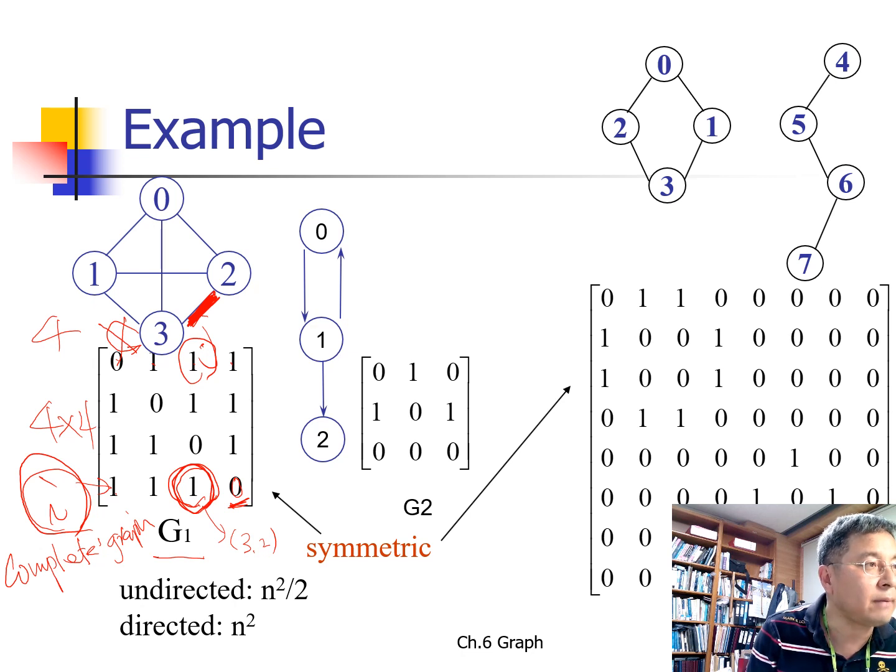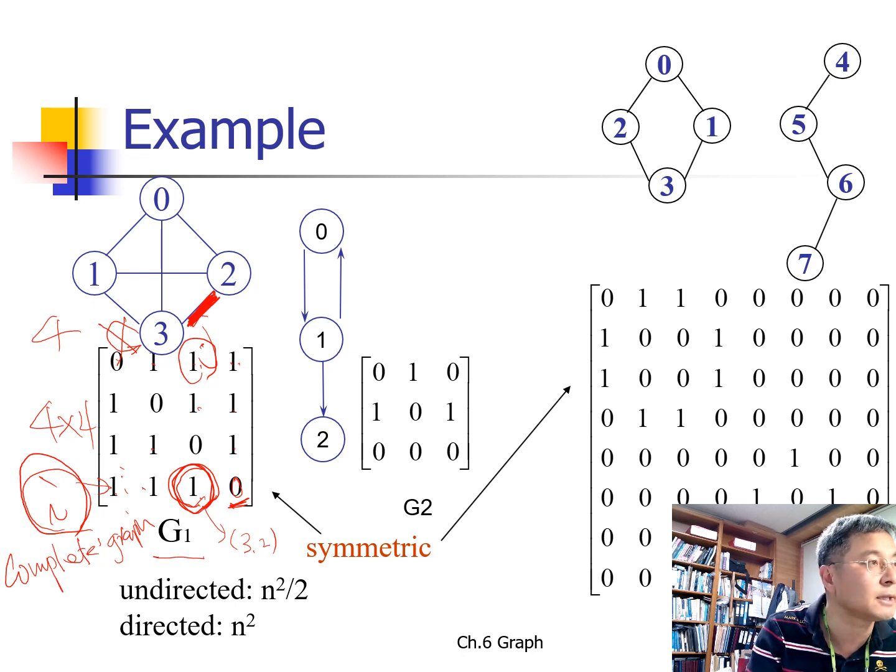So every value is 1 except the diagonal elements. Diagonal elements mean a loop to itself, a self loop. There is no self loop.